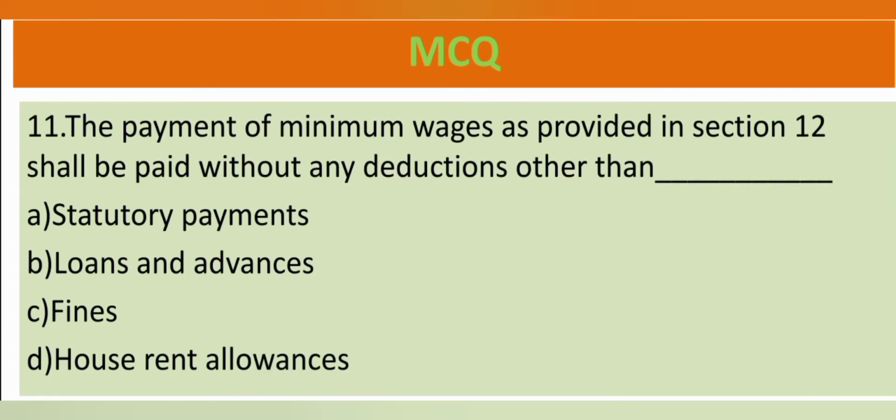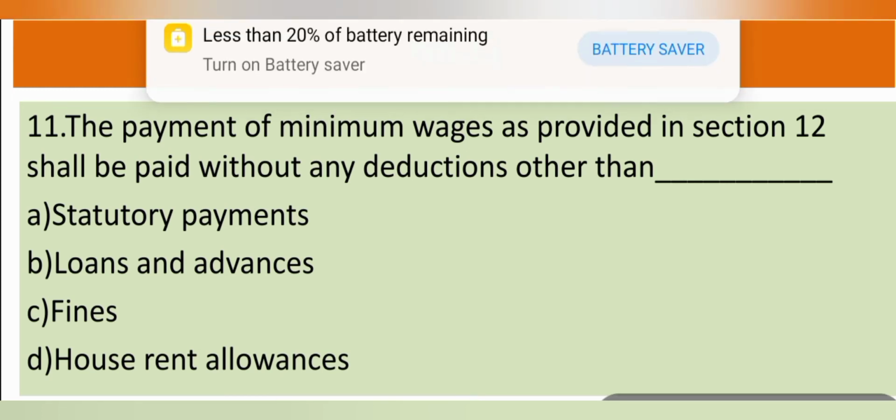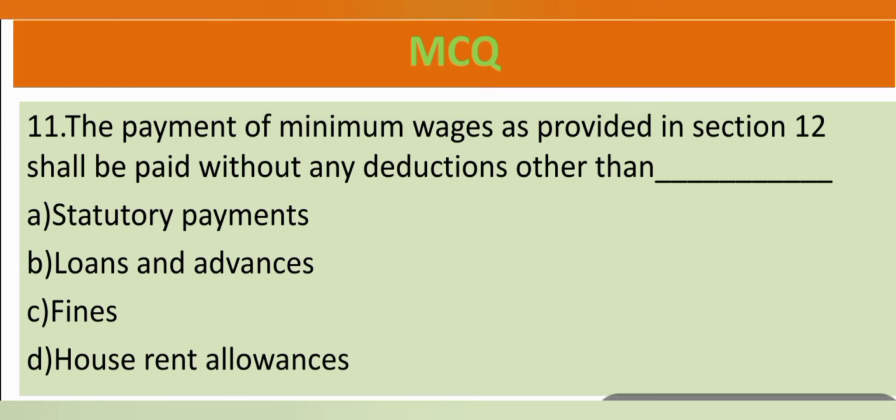Now come to question number 11. The payment of minimum wages as provided in section 12 shall be paid without any deduction other than. So first of all, in minimum wages, the employer cannot deduct anything other than the statutory payments.